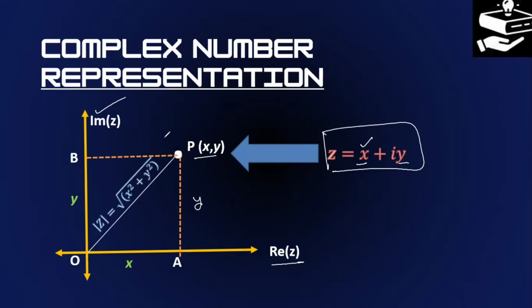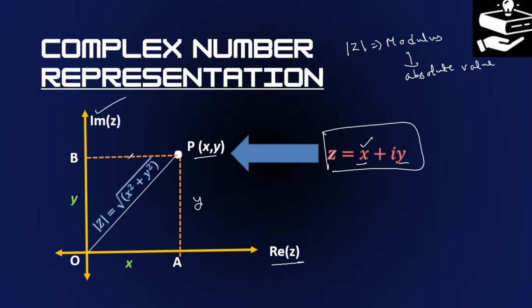This value is called mod of z, or modulus of z, or the absolute value of the complex number. I hope it's clear.